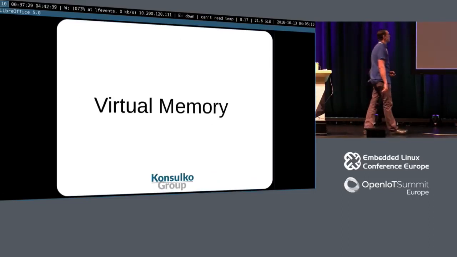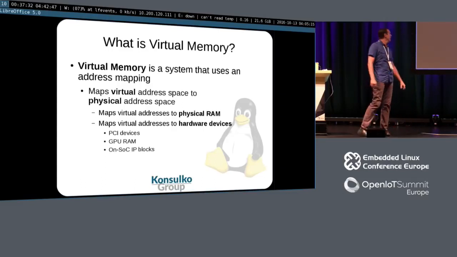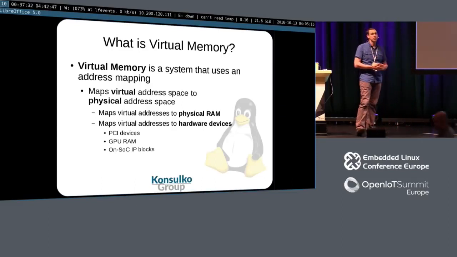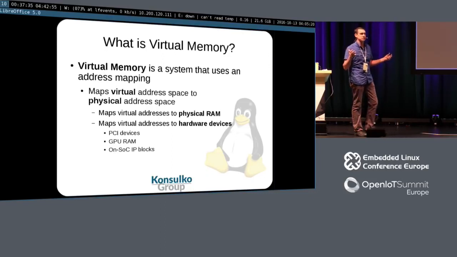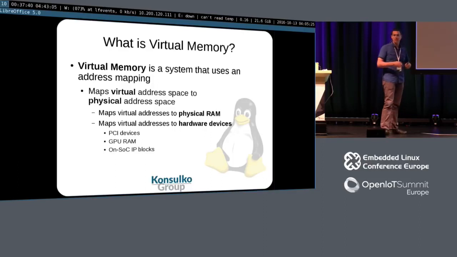So in comes virtual memory, and this is where things get fun. So what is it, right? It's a mapping. It's a virtual mapping, hence the name virtual. So you map a virtual address, a fake address, to a physical address. When we look back at that x86 map, that's all physical world.